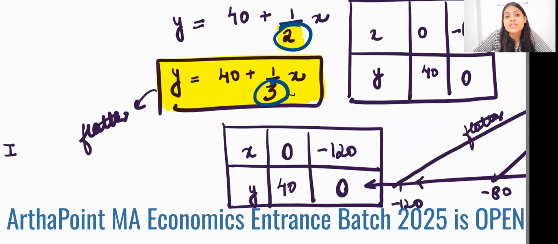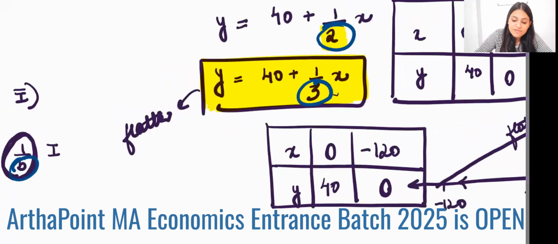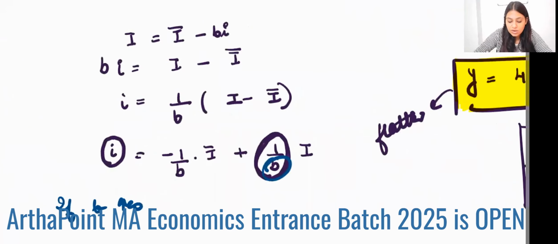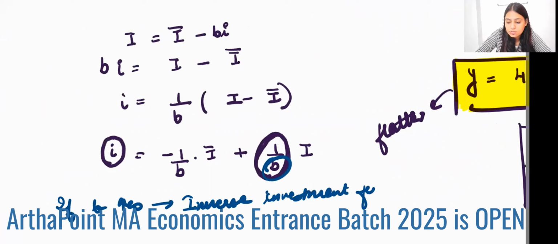So sensitivity is just what is coming in the denominator. So if b increases from 2 to 3 to 4 to whatever, then my inverse investment function that I have drawn here keeps on becoming flatter.